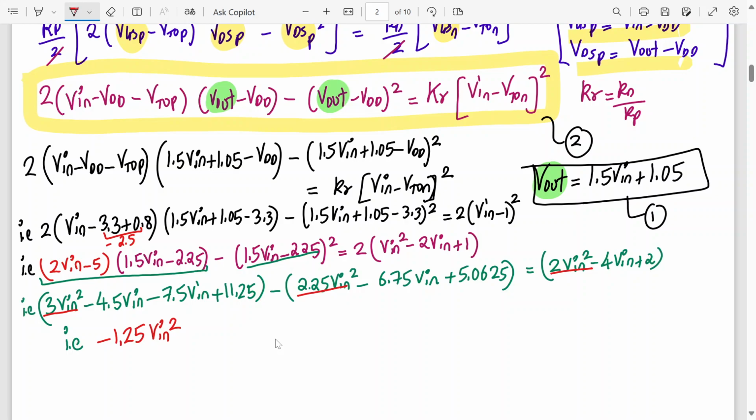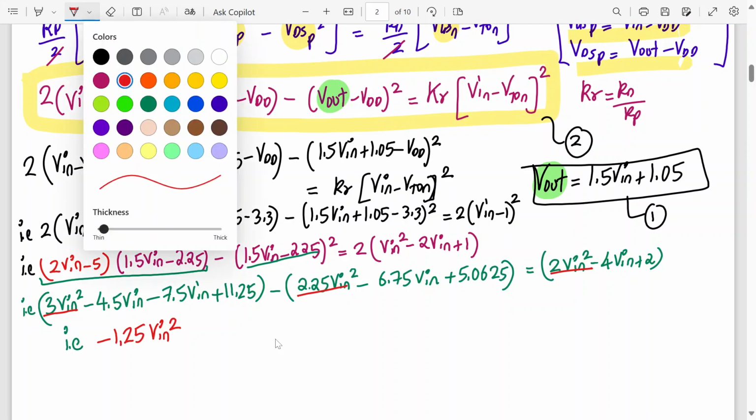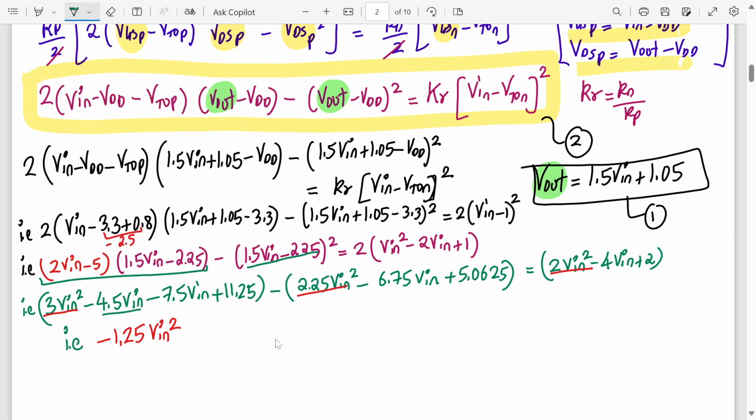Then I'll collect all the V in terms together. That is minus 4.5 minus 7.5 plus 6.75 and plus 4.